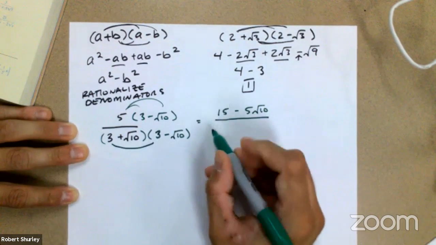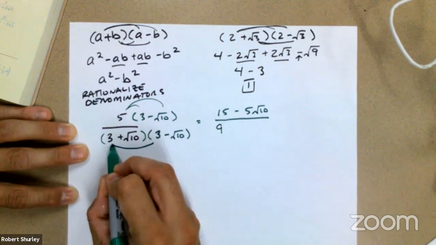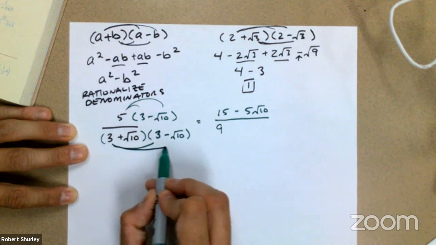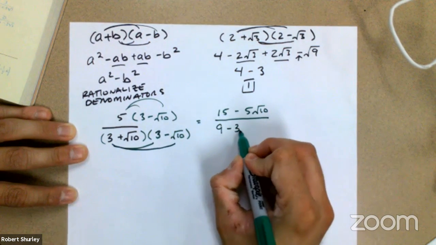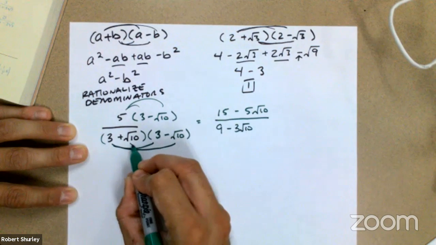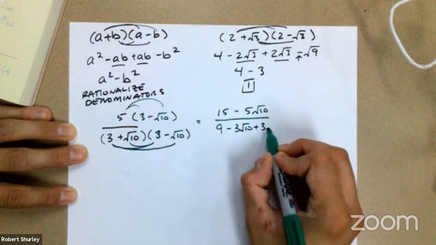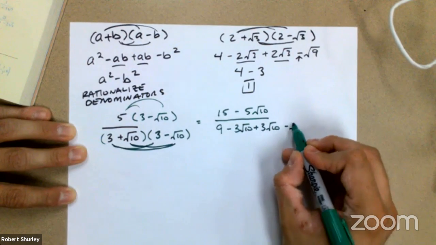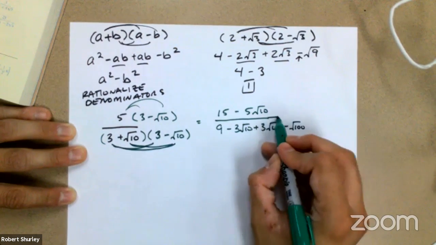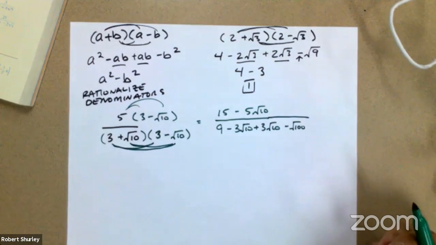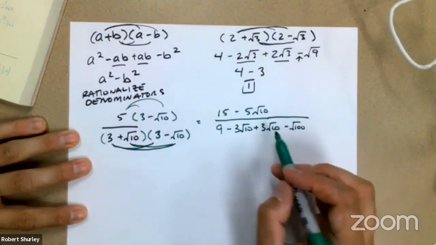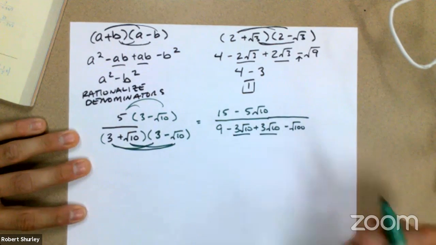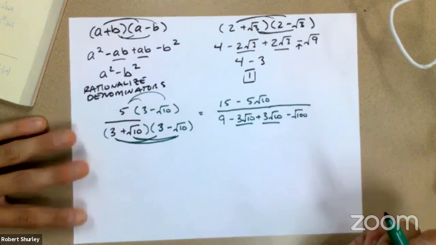3 times 3 is 9. Outside is going to be minus 3 square root of 10. Inside is going to be plus 3 square root of 10. And then lastly, you get a minus square root of 100, right? Negative times positive, so negative 10 times 10. Now notice the middle 2 are opposites: plus 3 square root of 10, minus 3 square root of 10.